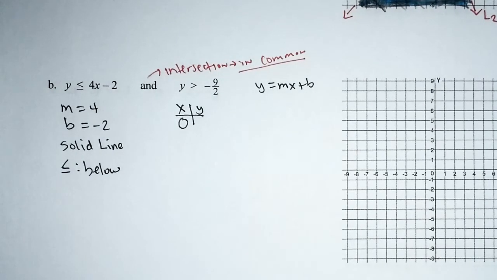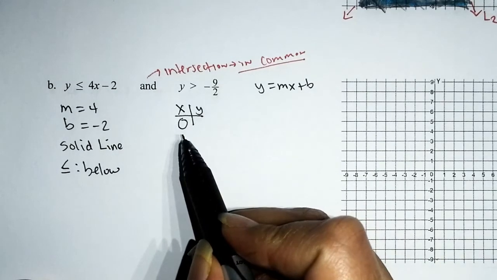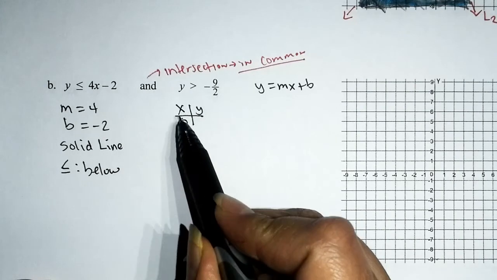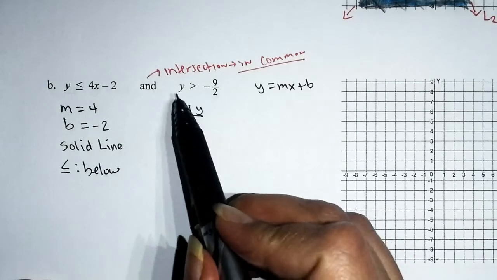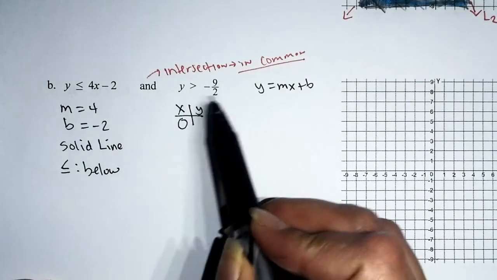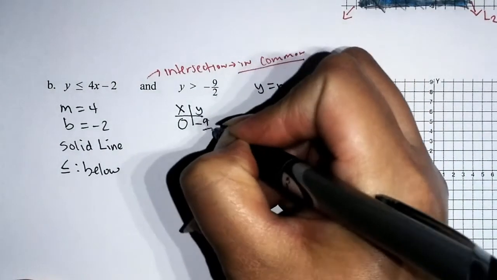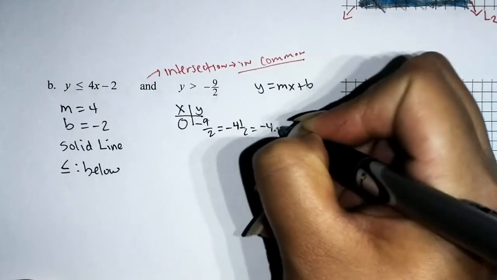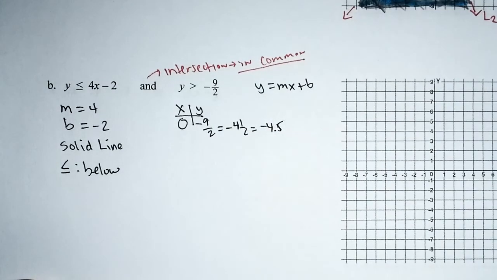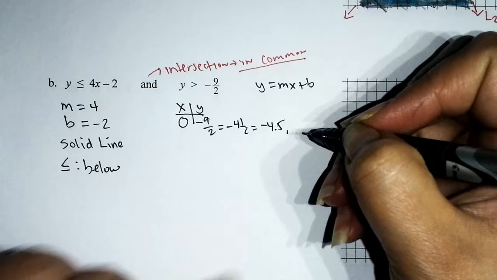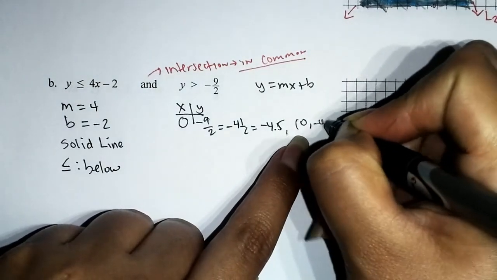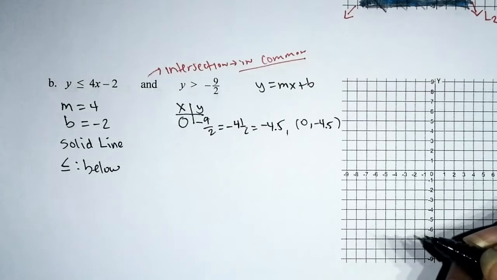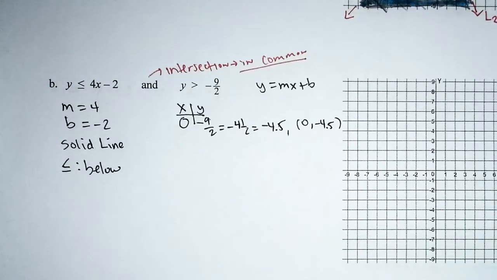Procedure: substitute a 0 for x and then solve for y. But for this inequality there's no x, so y still equals -9/2, which is the same as -4.5. So the ordered pair solution will be (0, -4.5).